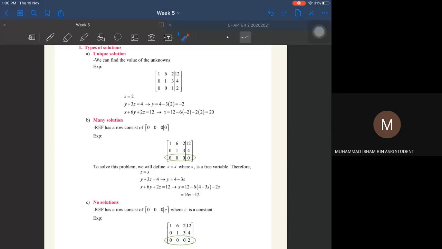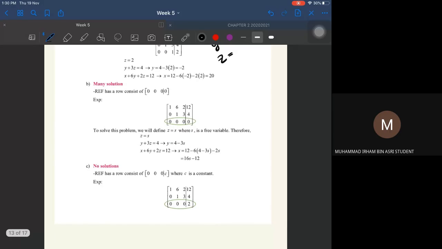Okay. So apa maksud unique solution? Unique solution maksudnya you boleh cari nilai X, Y and Z. Ada value untuk nilai X, Y and Z. Okay. Apa maksud many solution?